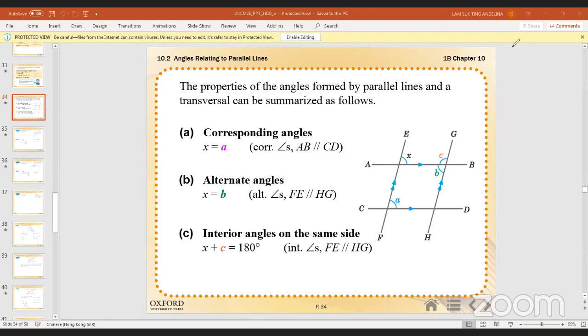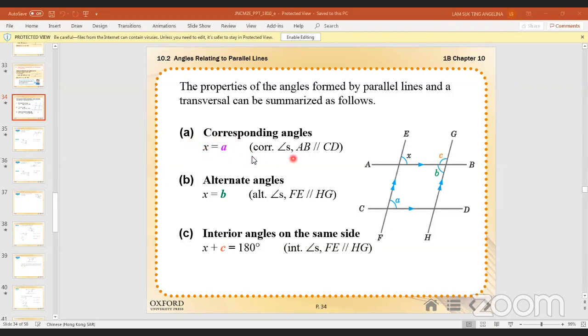Here, there are three kinds of angles. One is called the corresponding angle.